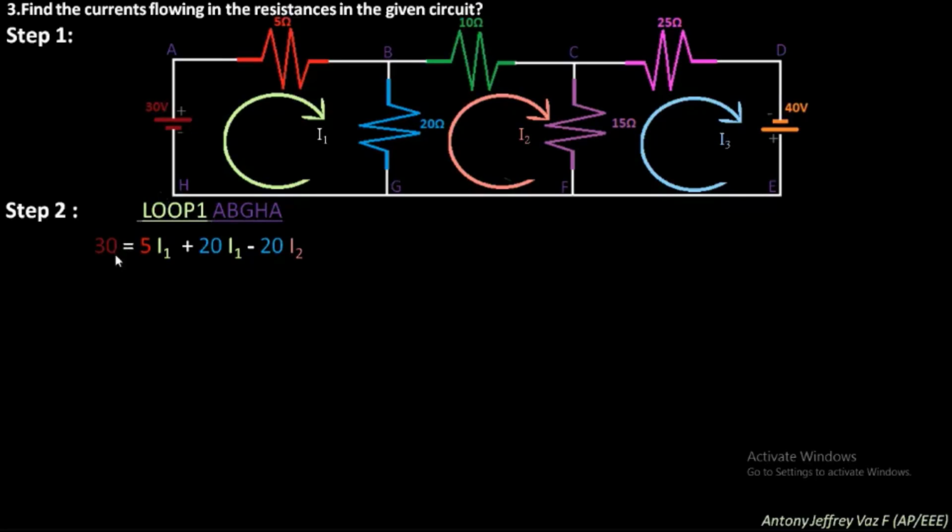So you put plus 30 volt, which will be equivalent to 5 into I1, 20 into I1. At the same time, the current I1 is from B to G, whereas the current I2 is from G to B. So it is minus 20 I2.